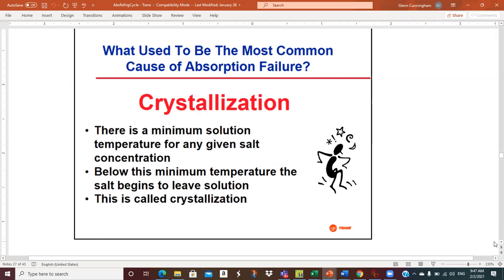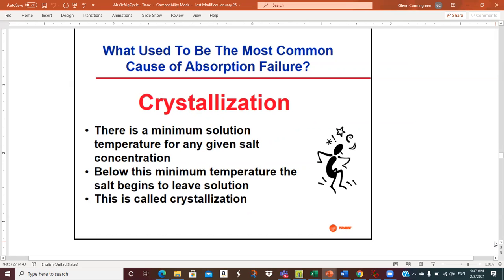And they had a sledgehammer out there next to it. What they would do is, the thing would crystallize, and down in that heat exchanger, I guess it's probably the absorber, I'm thinking, it would crystallize.